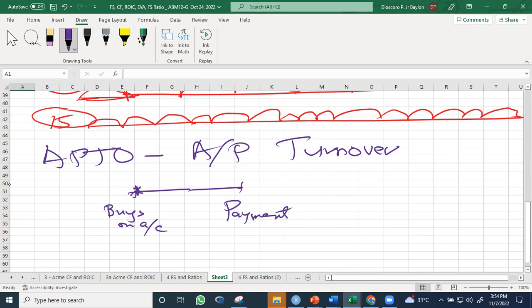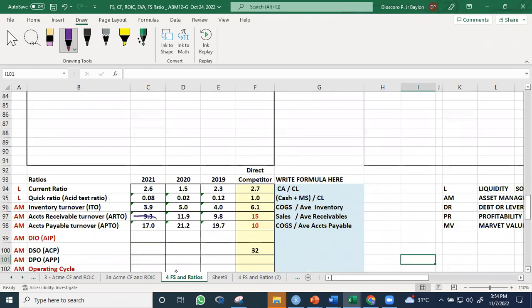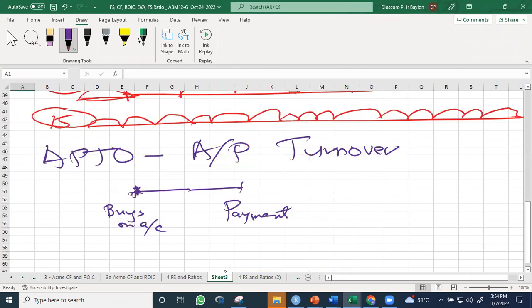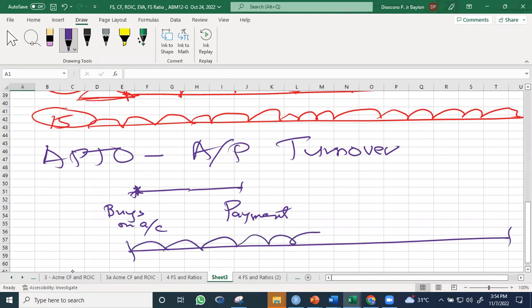So si Drive Micro, how many times a year siya? 17 times. Okay? So sa isang taon, let's draw this 1 year, 17 times siya nagbabayad ng payable. 1, 2, 3, 4, 5, 6, 7, 8, 9, 10, 11, 12, 13, 14, hanggang 17, no? 15, 16, 17. So 17 times.